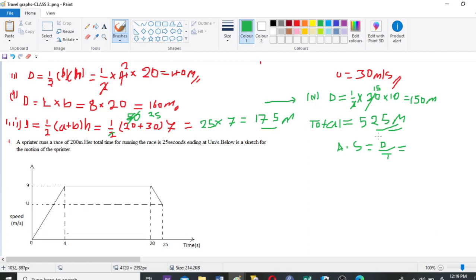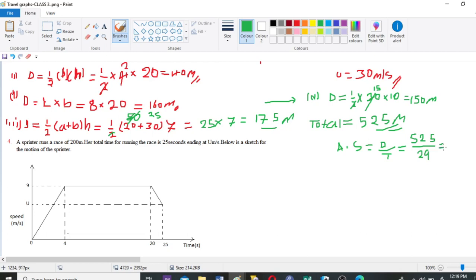Your total distance there, you found it to be 525. Okay, confirm if this is correct. Divide by the total time, we have 29, sorry, not 2q, it's 29.